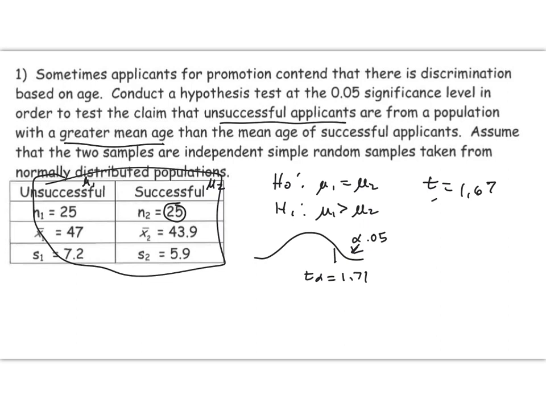All right, 1.67, even though it's not quite 1.71, is close to 1.71. My p-value is 0.051. P is slightly greater than alpha. That means that I'm going to fail to reject.